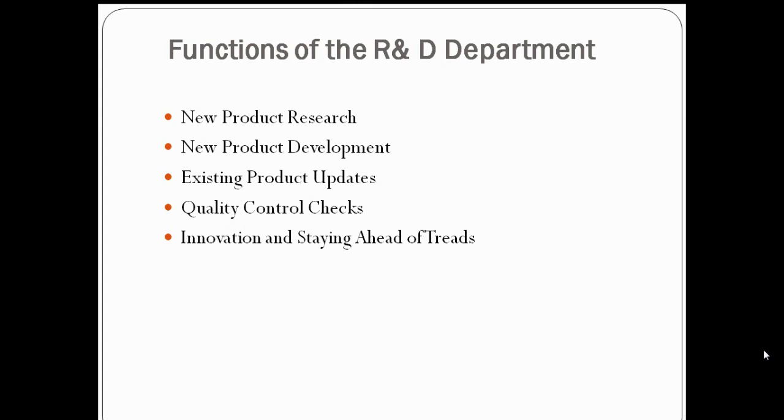Then quality control checks is also one of the functions of the R&D department, because after manufacturing, each and every product should be checked as per the international standards for quality. There are certain procedures under quality control checks and those are handled by the R&D department.